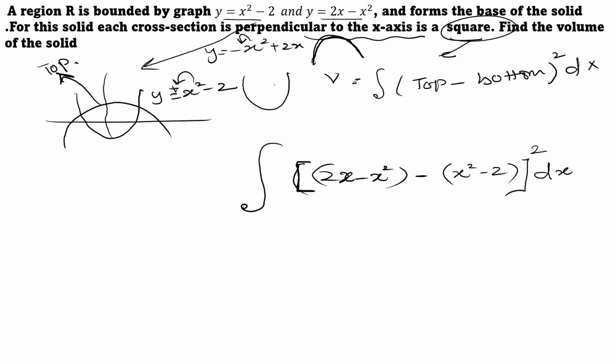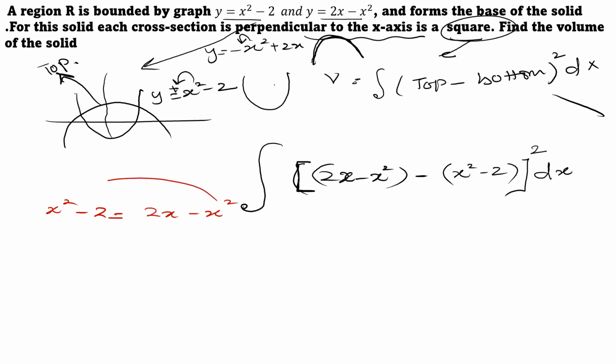Now to understand what the point of intersection would be, we keep the two equations equal to each other. What does it mean? That the first y is equal to the second y. So you can write it as x square minus 2 equals 2x minus x square.